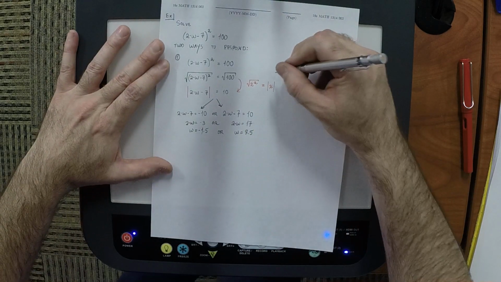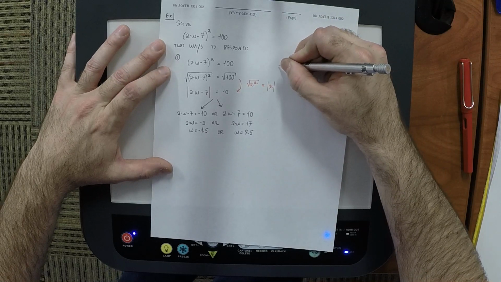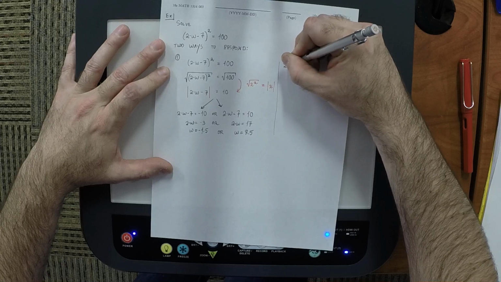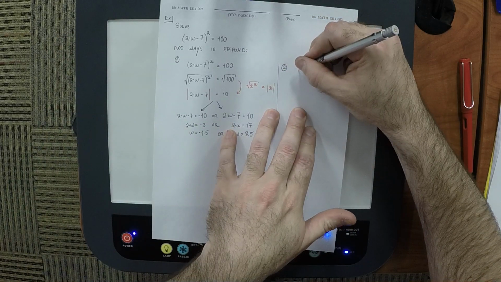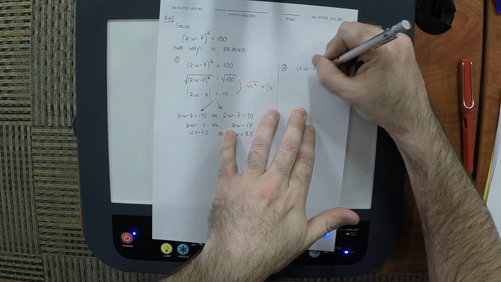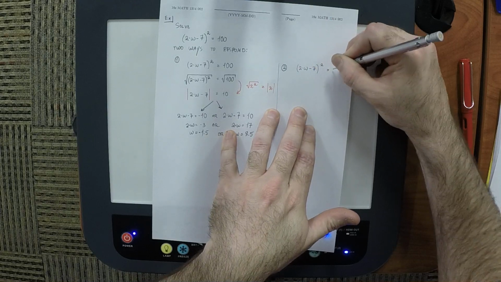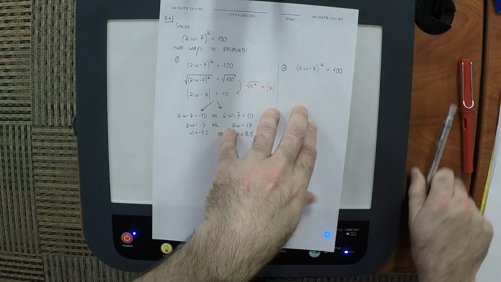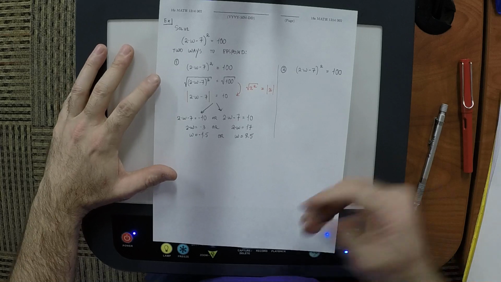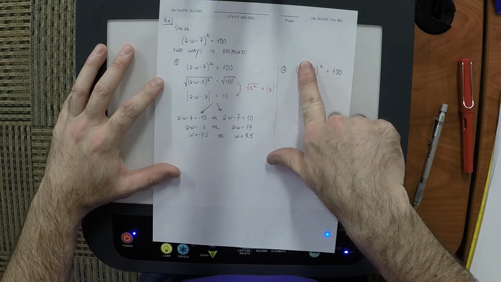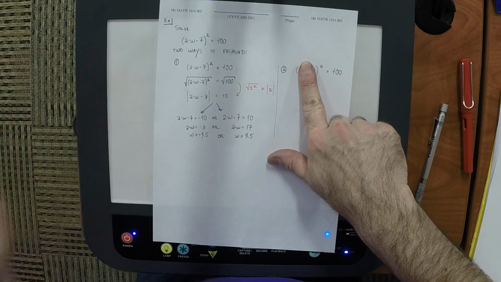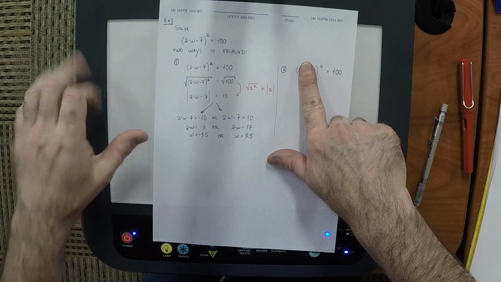All right. Another equally valid way to respond is, okay, I'll take that equation: 2w minus 7 squared is equal to 100. Now, instead of using radicals, using square roots, we can do the exact same kind of trick here and just say, well, I'm squaring something, and after I square it, I get 100.